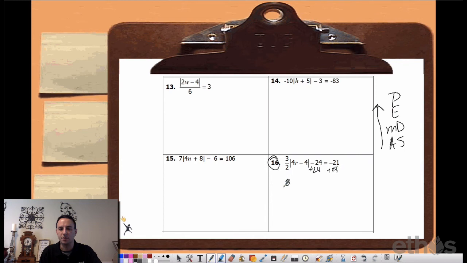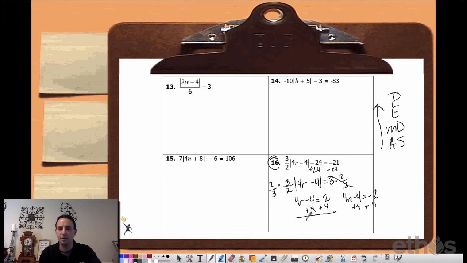So I'm left with 3 halves times the absolute value of 4r minus 4 equals, now we're over here at 3, then we multiply by the reciprocal. Okay, those cancel, so I'm left with 4r minus 4 is equal to 2, and 4r minus 4 is equal to negative 2. Add 4, add 4.